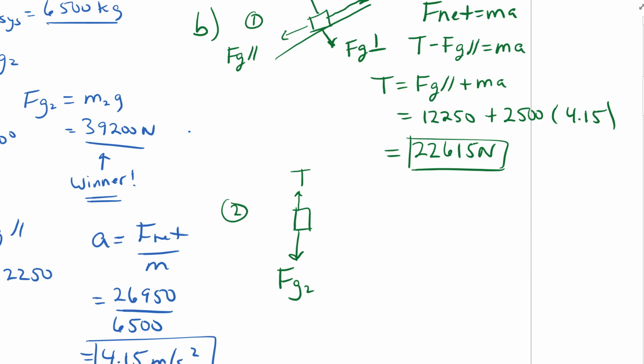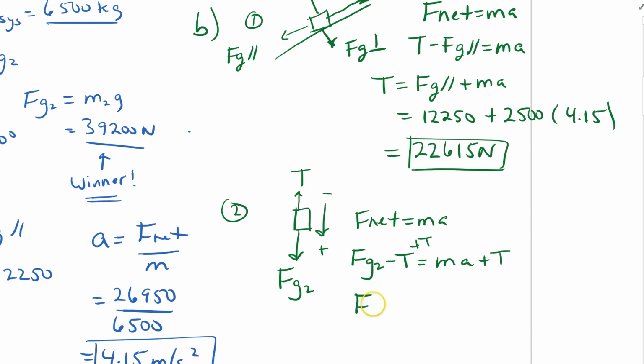Okay, now we'll get F net equals ma. This was my positive direction, that was my negative direction, so when I expand F net to include all the forces, it'll be Fg2 minus the tension force, which will be equal to mass times acceleration. If I solve for T here, I'll add the tension force to both sides, and then subtract ma from both sides.